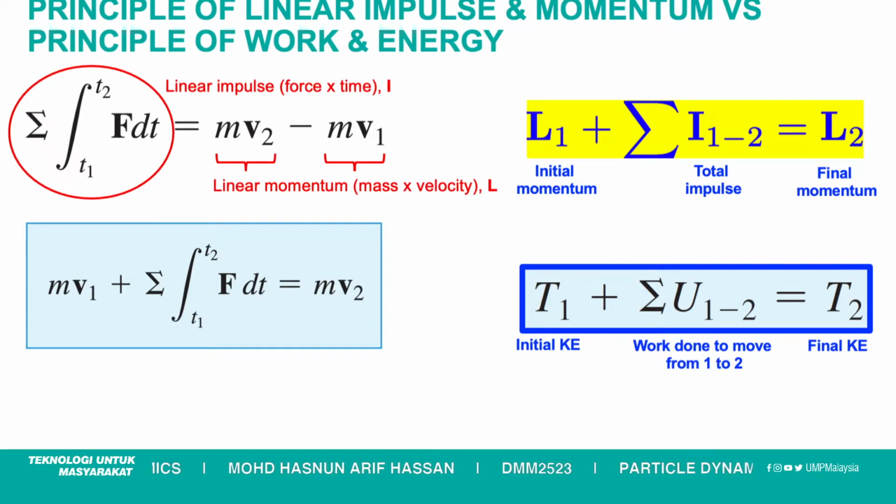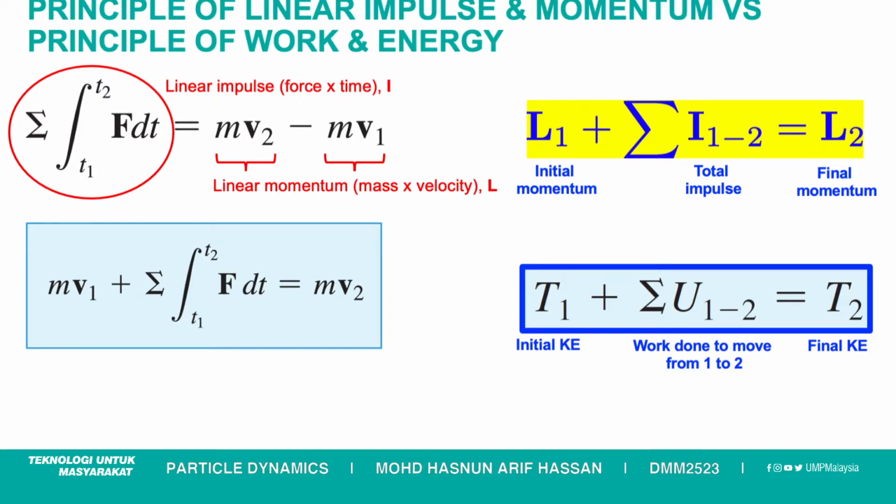The principle of linear impulse and momentum states that the initial momentum plus the total impulse equals the final momentum. This is similar to the principle of work and energy, which states that the initial kinetic energy plus the total work done is equal to the final kinetic energy.